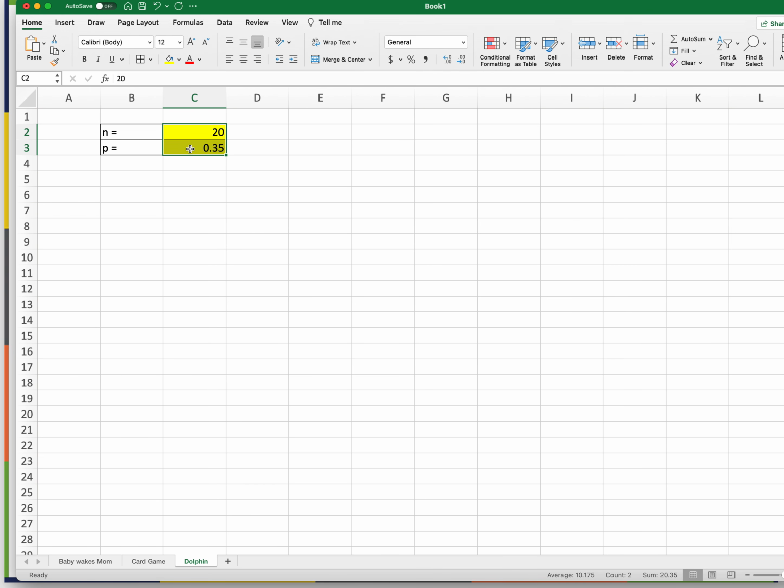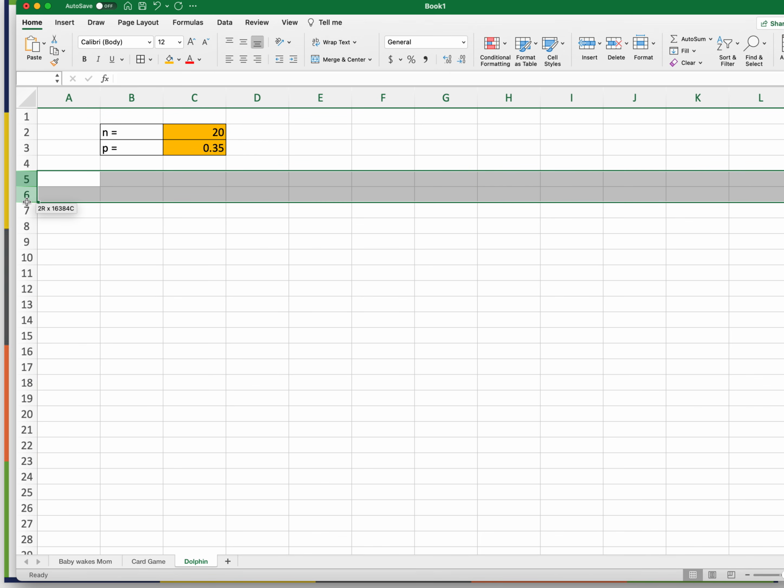Or maybe I'll put it in orange. Orange is the color I tend to use when I want to make an input. So then I have x. And then, let me make it down one. Let me make these bold this way.